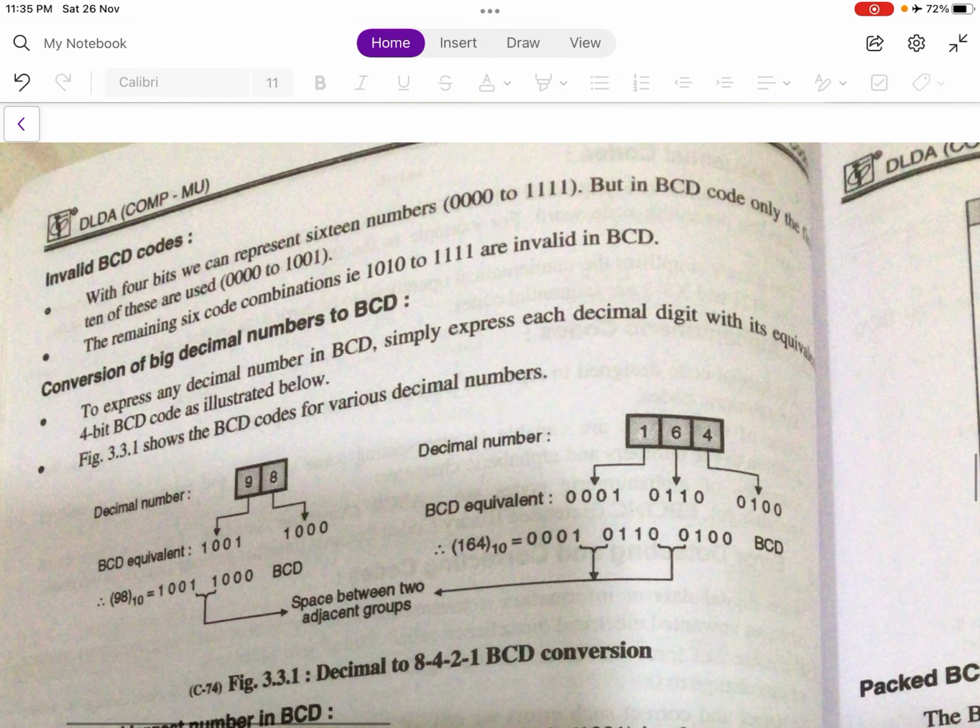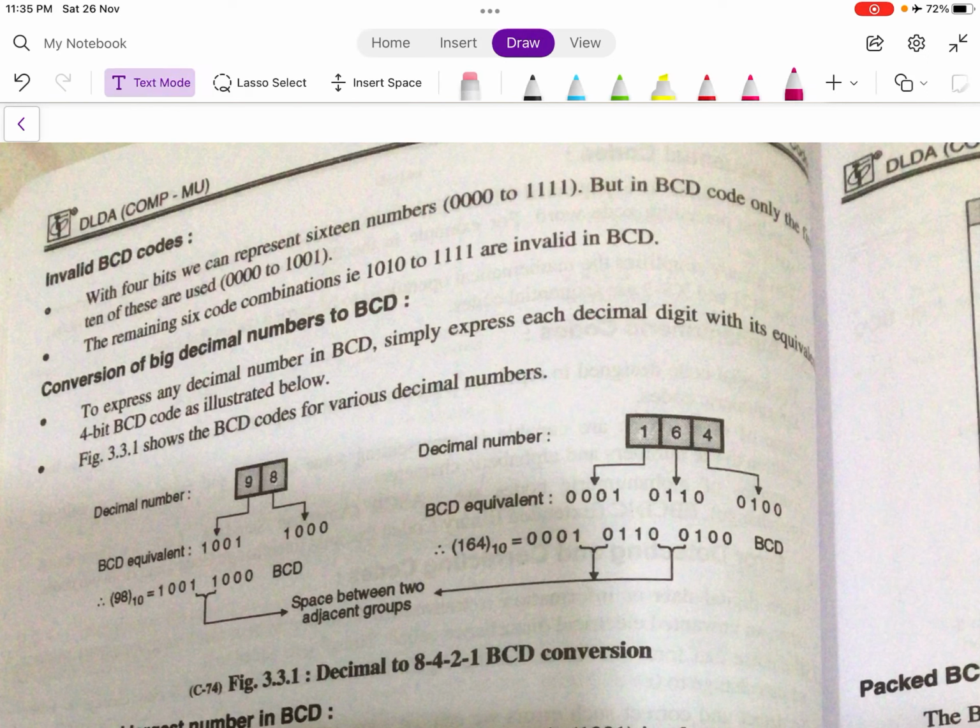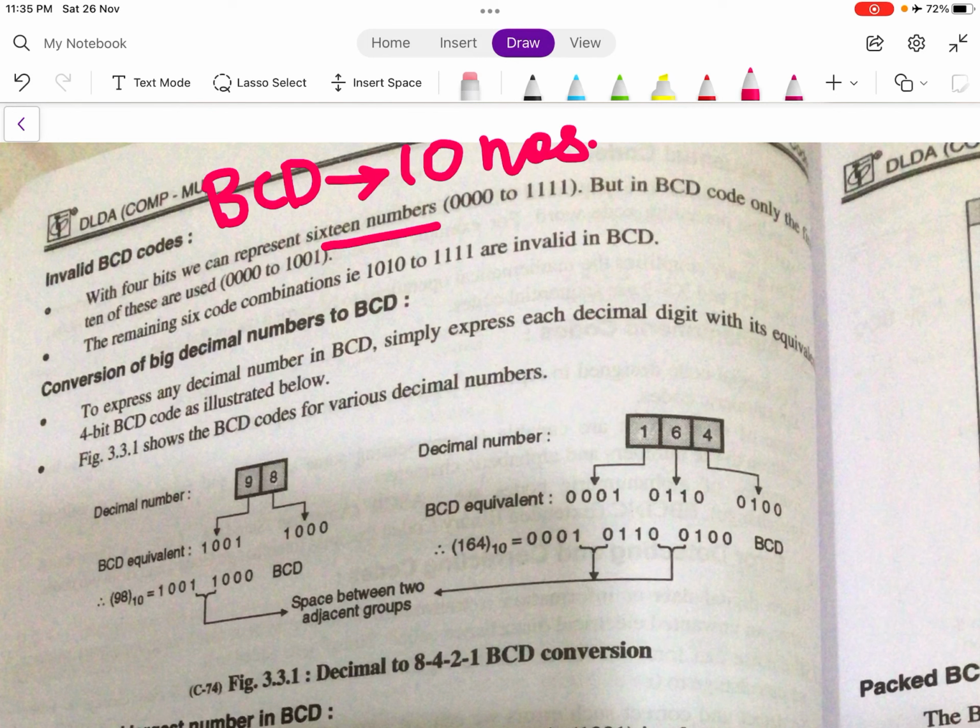Invalid BCD codes. With 4 bits, we can represent 16 numbers, but in the BCD only the first 10 numbers can be represented. So 4 bits allows us to represent how many numbers? 16 numbers. But BCD allows us to represent how many numbers? Only 10 numbers.